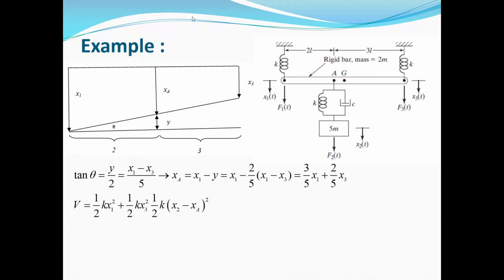So the next step, we need to obtain the potential energy. And as I told you, for this purpose, we can write the displacement of point A as a function of x1 and x3. To find the expression for displacement xa, you can write the tangent theta relation in the small triangle, in this triangle.